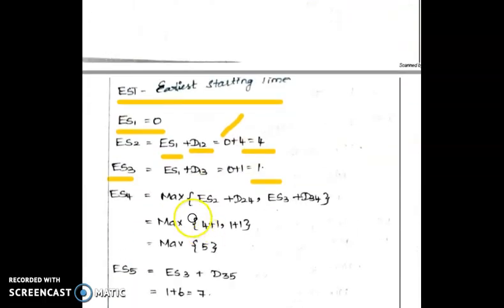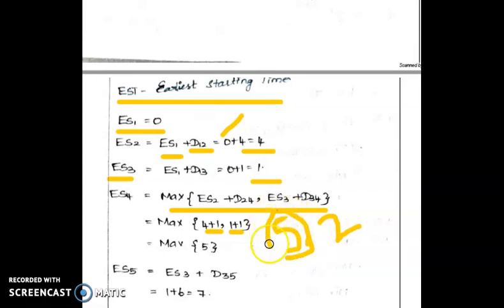This is the formula: ES4 equals maximum of ES2 plus D24, comma, ES3 plus D34. The value of ES2 is 4, plus duration 1, is 5. The value of ES3 is 1 plus 1, is 2. So it is the maximum of 5 comma 2. The maximum value is 5, and this value should be assigned to ES4.